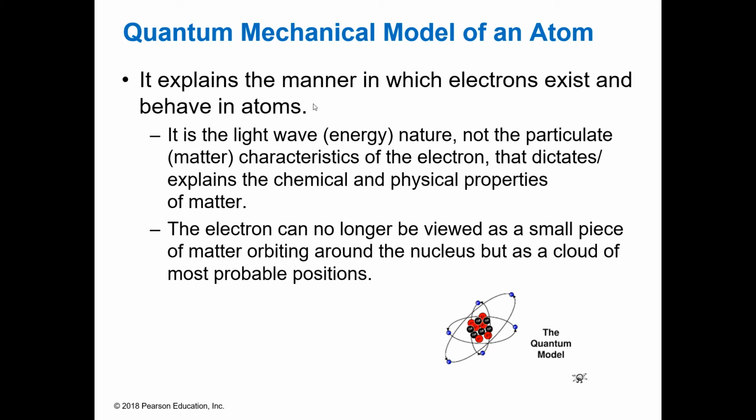So one thing that's going to seem sort of different is that we are not going to look at the electron just as one little piece of something. We're going to look at it in terms of what we call an electron cloud. And I'll show you what I mean by this. When we drew the atom before, so let's say here's our atom, here's our nucleus, I drew an electron.